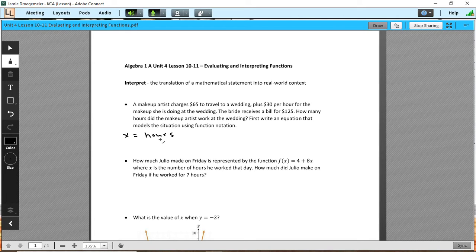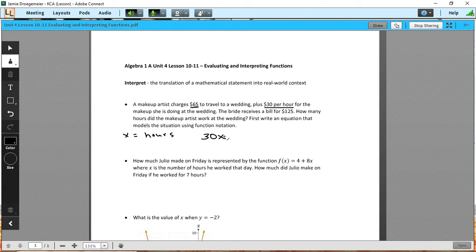All right, so then let's look at the other pieces of information we know. We know that she gets $65 to travel to the wedding, and then she's getting $30 per hour. If it's per hour, we know that that 30 has to be multiplied by the number of hours. So that's one piece of information that we have right away. We can multiply that 30 times X. That's going to give us part of what she's getting paid.